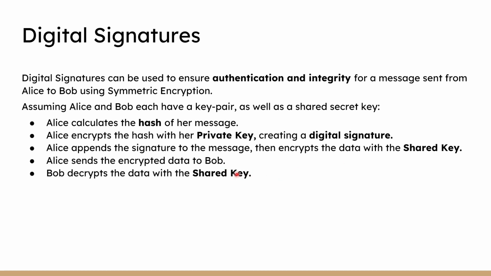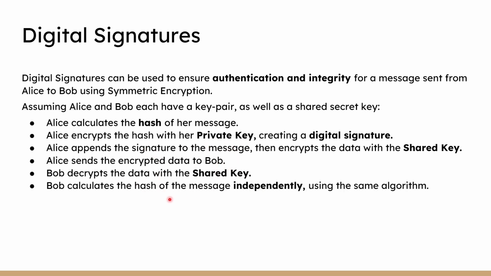So then he has the message, but he also has the signature. And what he does is he takes the message and computes his own hash with the same hashing algorithm. So basically, if the message is the same, the hash should be the same as Alice's. And then he decrypts the signature because Alice's hash is still encrypted as a signature.